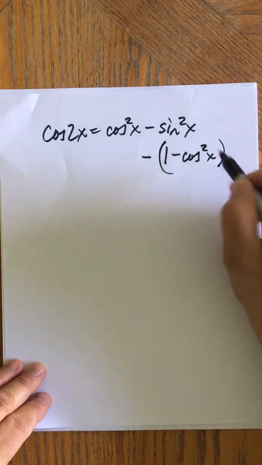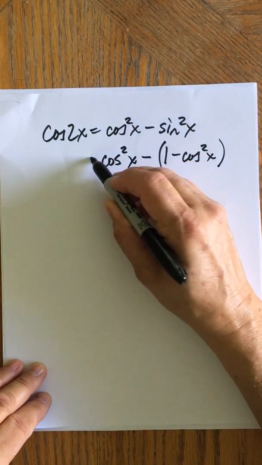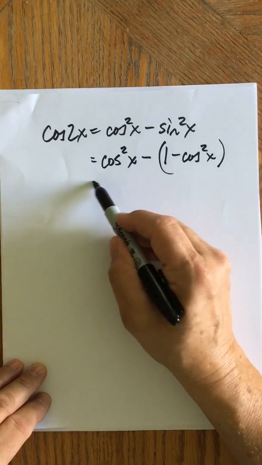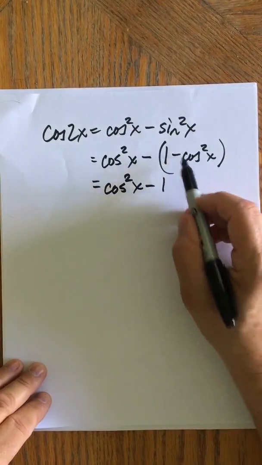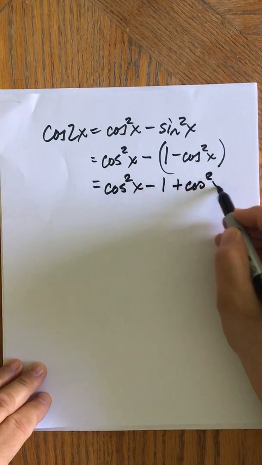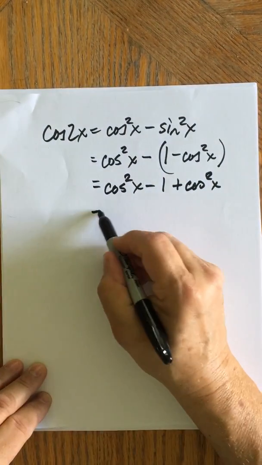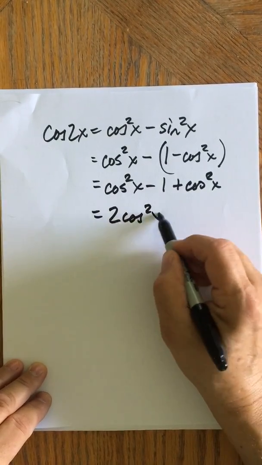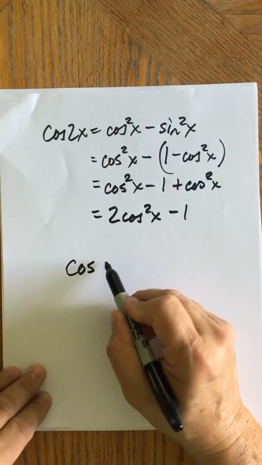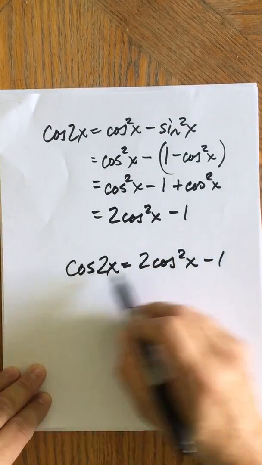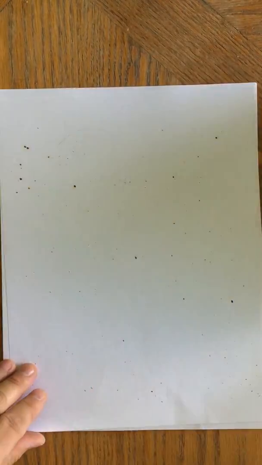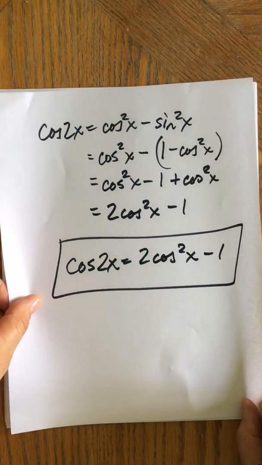So you minus all of this, and now we just distribute. Minus the minus is plus. So we have 2 cosine squared x minus 1. So that's your other form here. Hopefully I wasn't too fast on that. Let me show you that again.